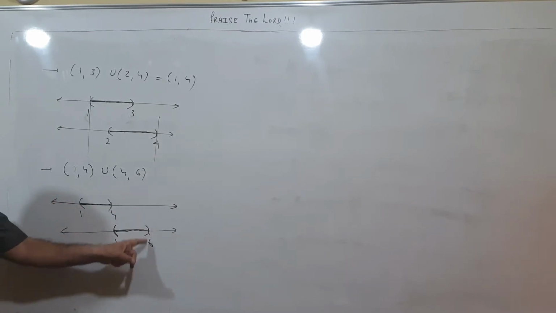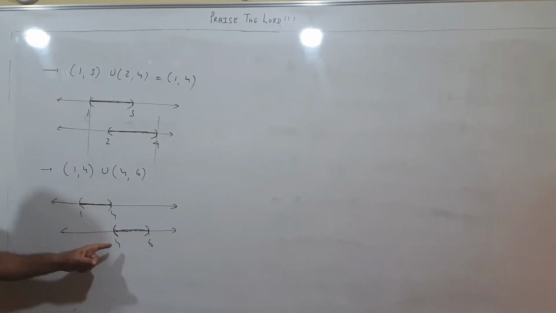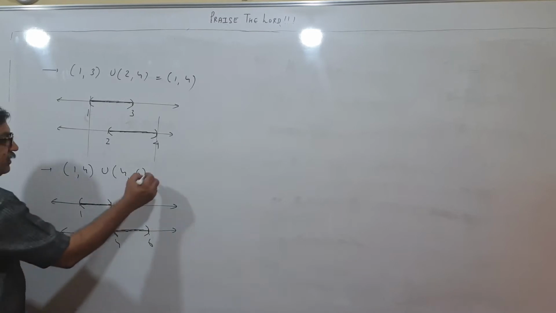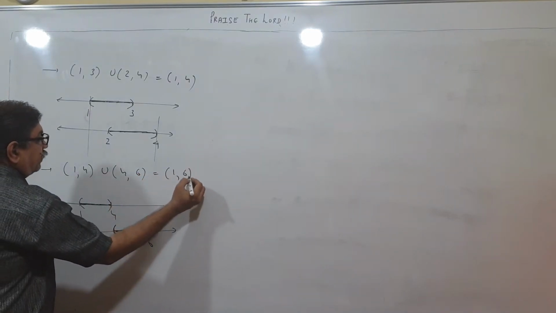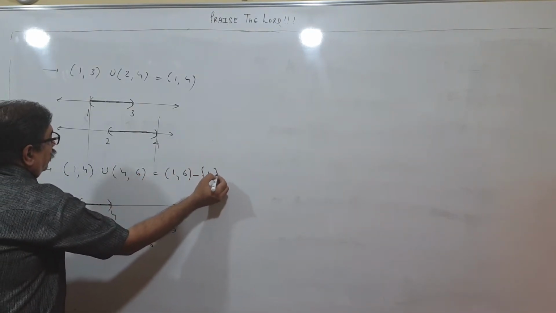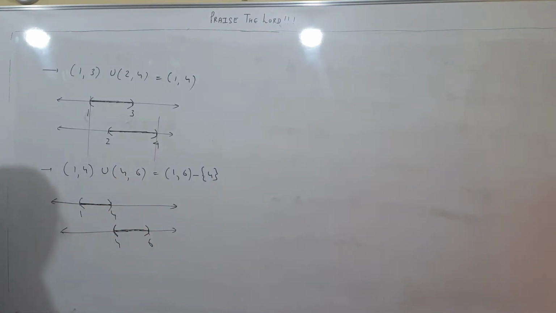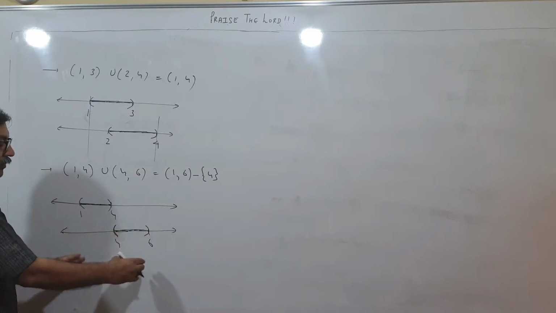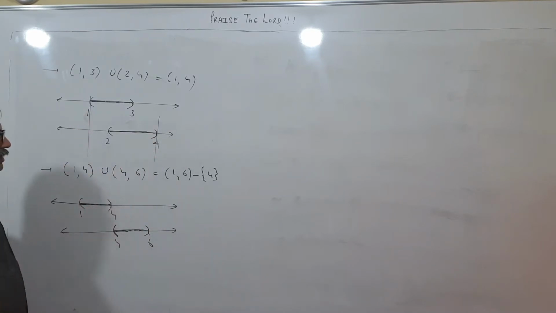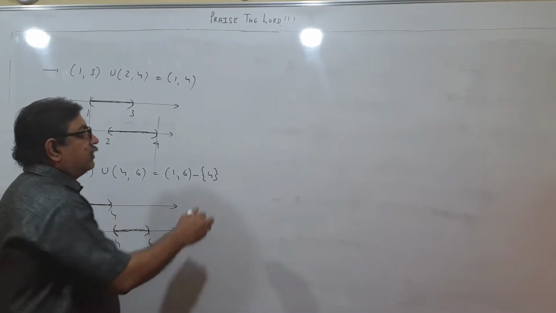So from 1 to 6 I can see all elements, but 4 will not come because 4 is neither here nor here. So how do I write it? It becomes (1, 6) minus element 4. Only one element is not included, the rest of elements are included. So from 1 to 6, extreme we take. And in between we can make out 4 is not included. Like this you have to think through.